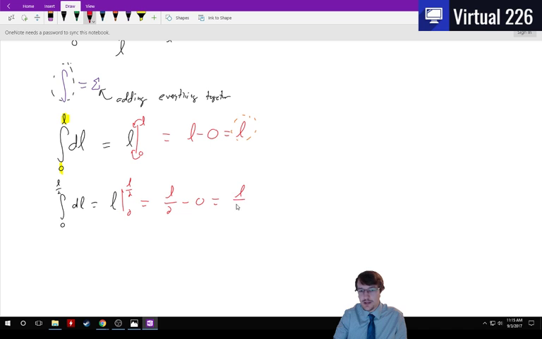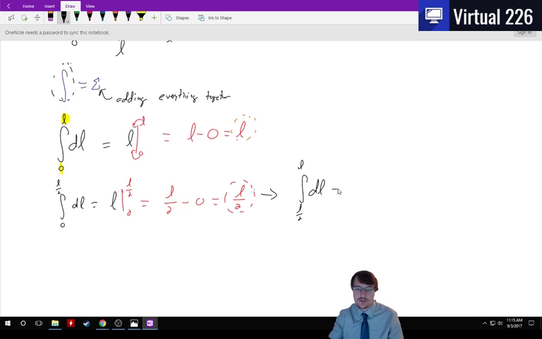And hey, look, I've got back half of a pumpkin roll. This also would work if you did it instead from L over 2 to L, like the second half of the pumpkin roll of all the infinitesimal slices, because that would give you L from L to L over 2. And when we put those quantities in, we'd get L minus L over 2, which is L over 2. So look at that. We once again found half of our pumpkin roll. That's not crazy at all.